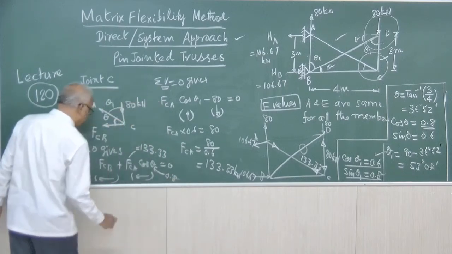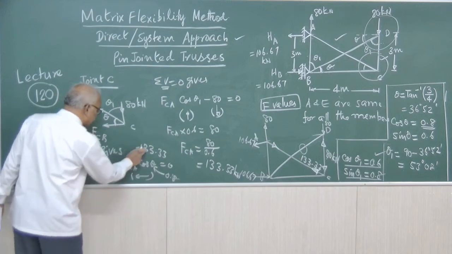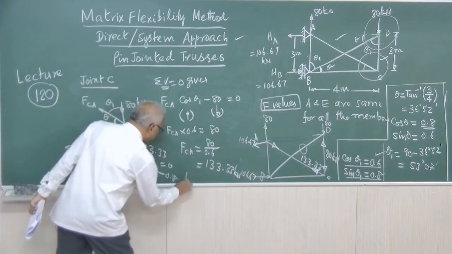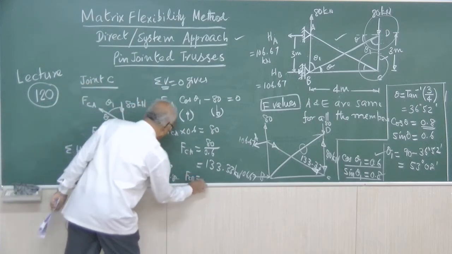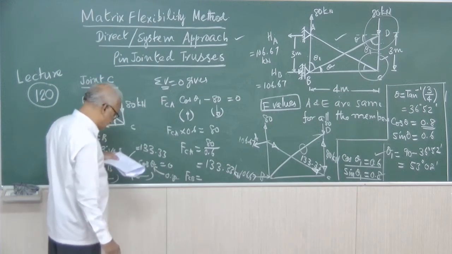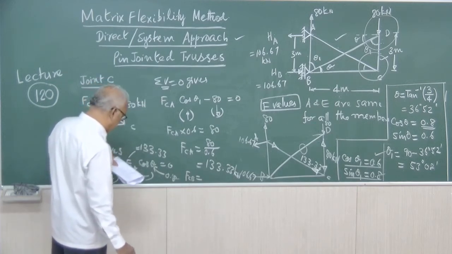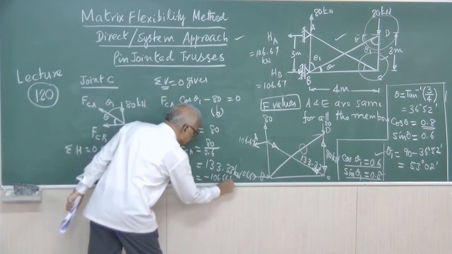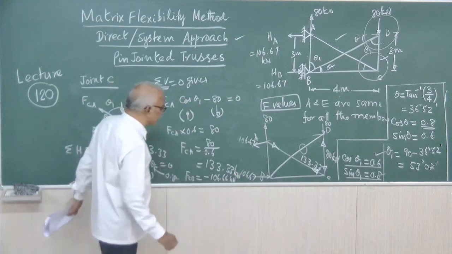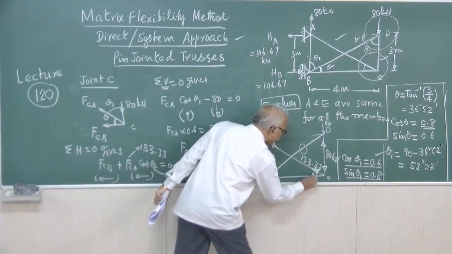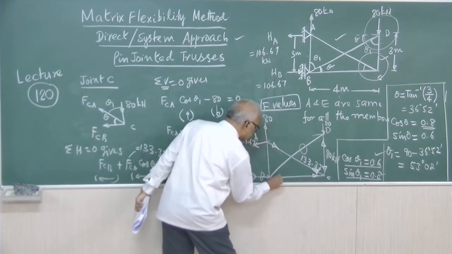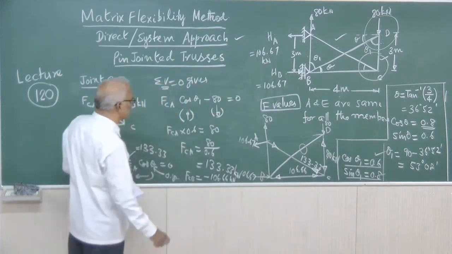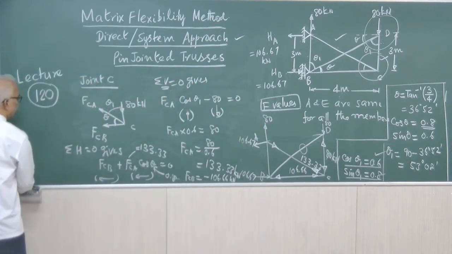So FCB, when this value is plus, when it goes to the right hand side, we will find that FCB equals minus 106.66. It is minus 106.66. That means that it is compressive. Compressive means we have to mark towards the joint. So this is 106.66 kilonewton. So that completes joint C.